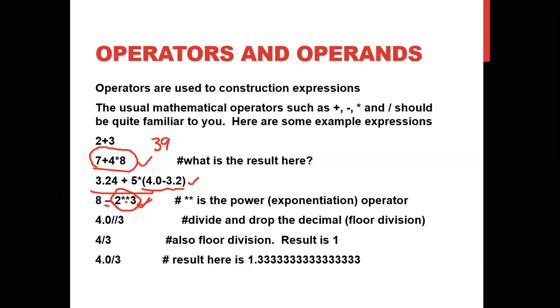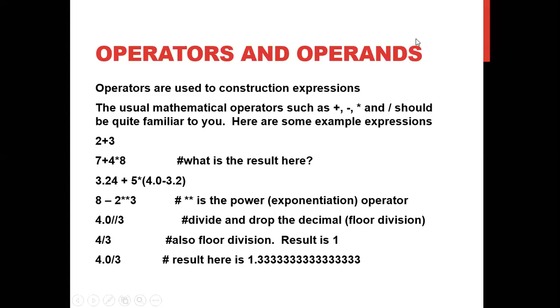And the next operation, 4.0 divided by double divide, is the floor division. Floor division means, if we do 4.0 double-divide 3, we get 1. For example, 99 divided by 10 is actually 9.9, but with floor division that value is 9. It drops the decimal value.